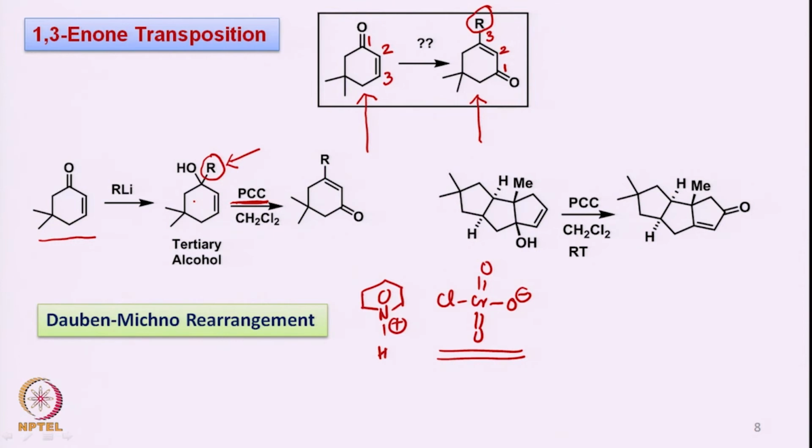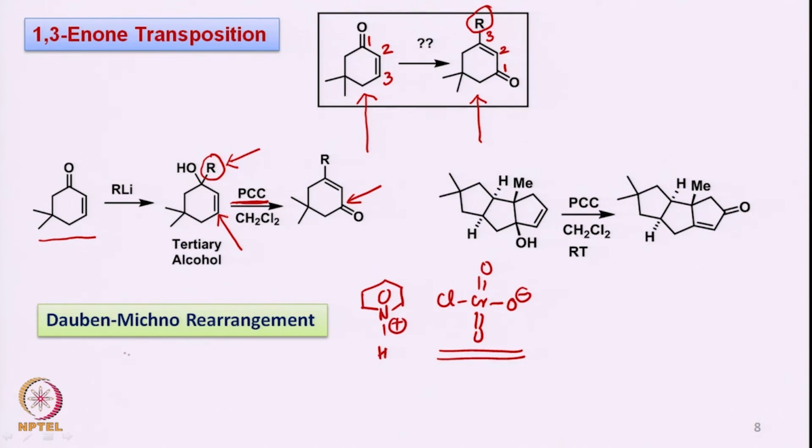As a result, there is some type of migration or rearrangement, where the intermediate eventually gets transformed in such a way that it reaches the third carbon here, the vinylic carbon, the other end of the double bond, which has one hydrogen.